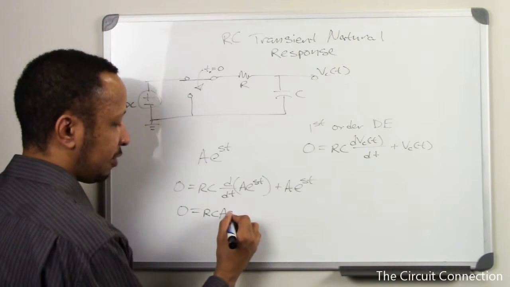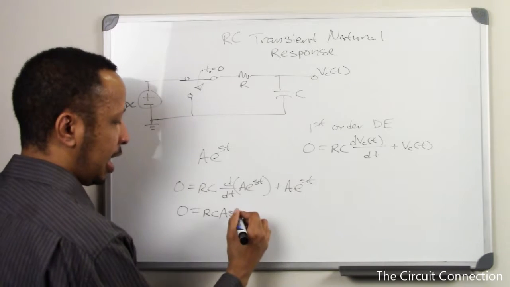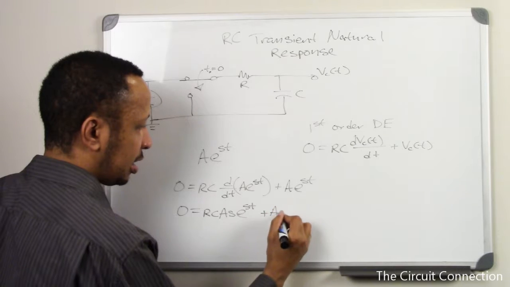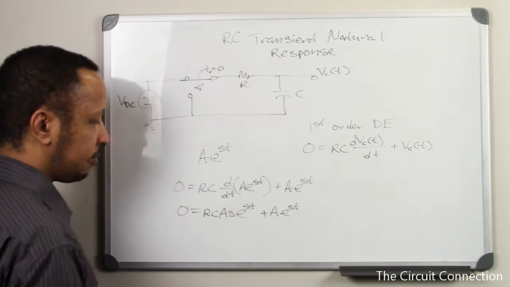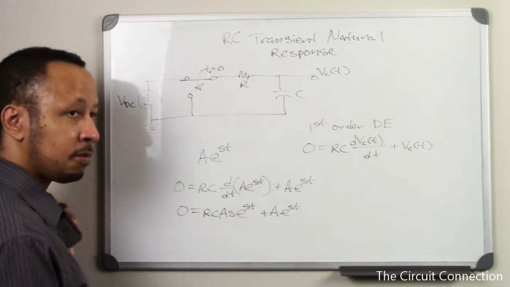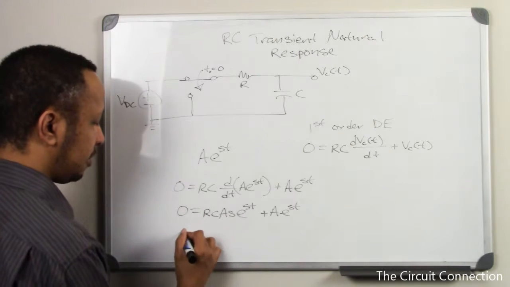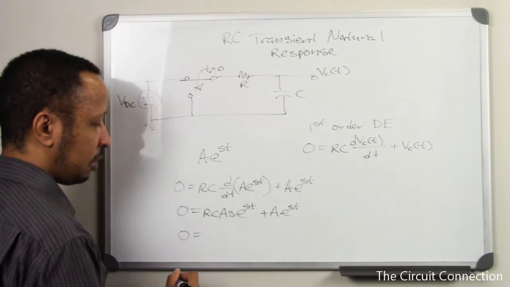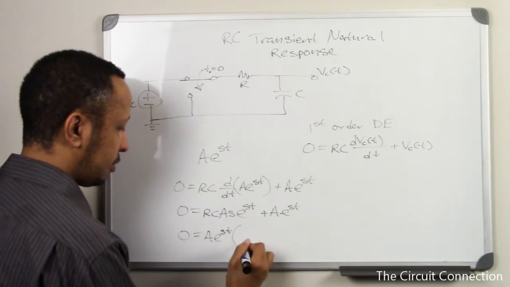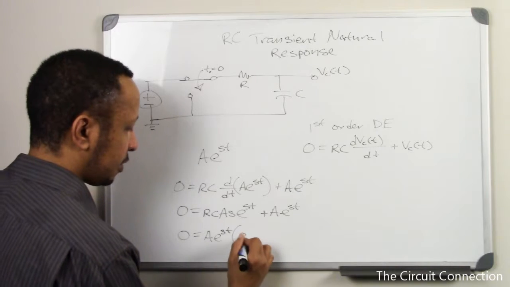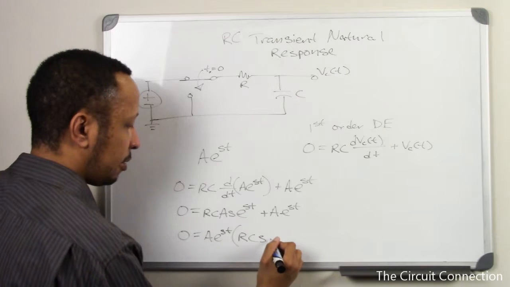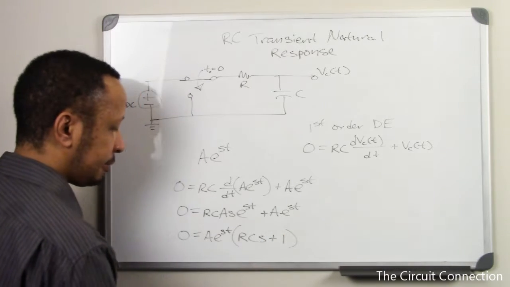So now we have an s that results from that, and we have e to the st, plus a e to the st. Now the next thing we want to do is factor things out. So we have 0 equals a e to the st times RC, we're still going to have s there, plus 1.